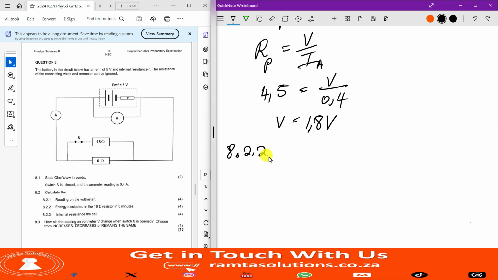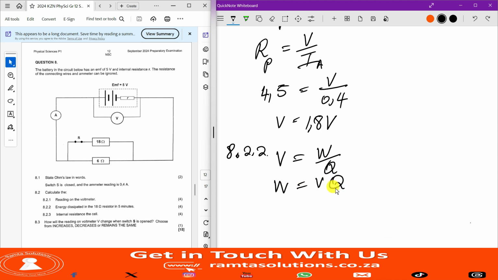Our definition of potential difference is that it is work done per unit charge. If you recall, it is work done per unit charge. What we are looking for is this work done, which is VQ.